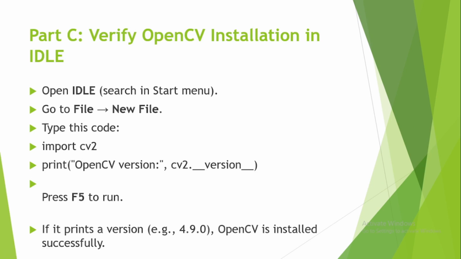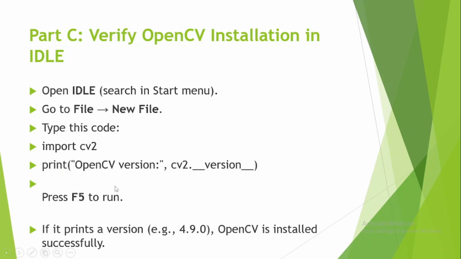Then again we are going to verify the OpenCV installation. Did it get installed properly or not? For that we need to open IDLE from the search menu, and from that we go to a new file and type the code: import cv2, then print OpenCV version, cv2.__version__. Then we run this code.